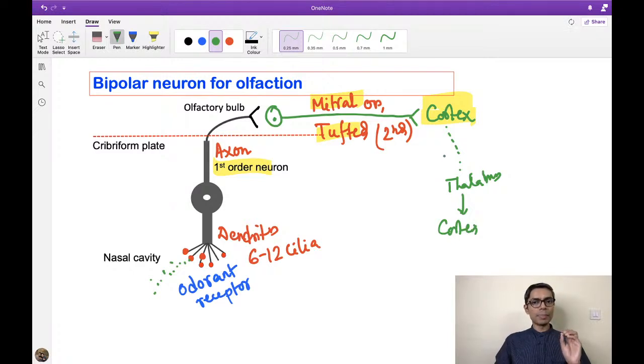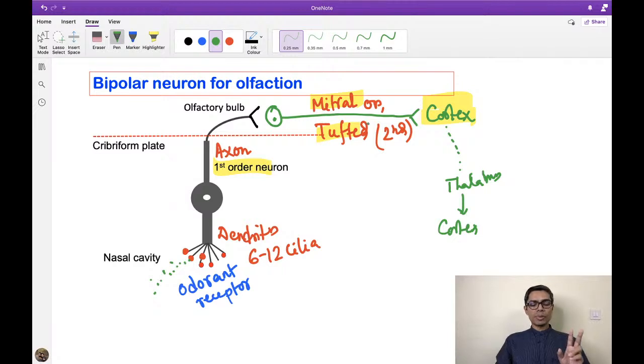But please remember that when we say the olfactory pathway bypasses the thalamus, it means that the second order neuron is directly reaching the level of cortex without relay at the level of thalamus. Although it may go to the thalamus later on, this is not the second order pathway. It is going to the cortex before reaching the thalamus, right?